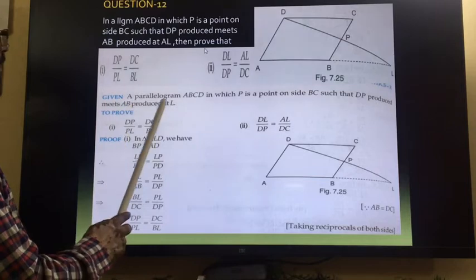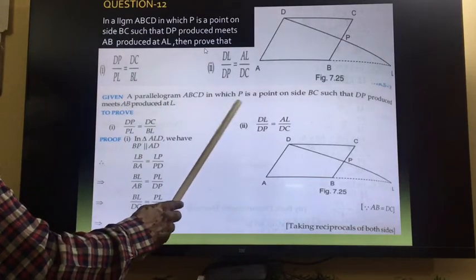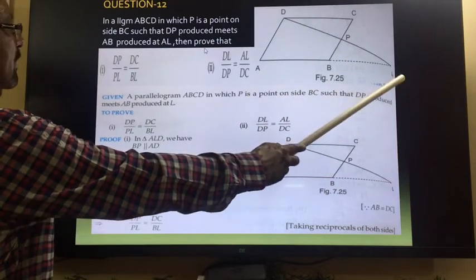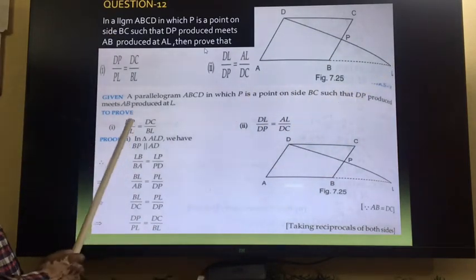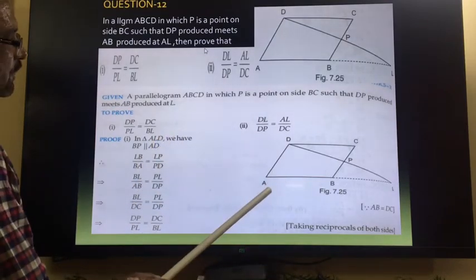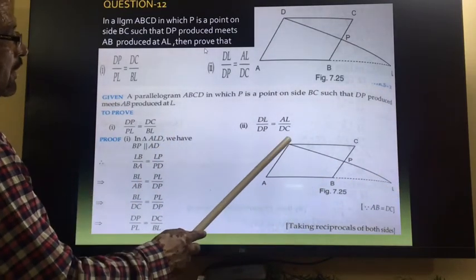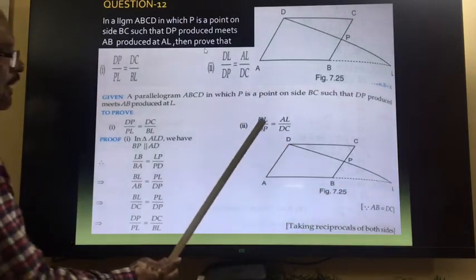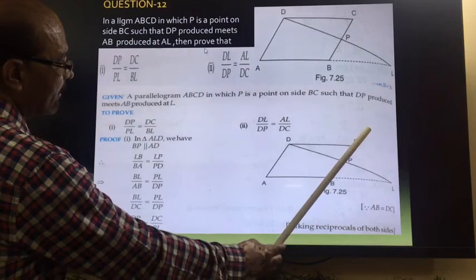So what is given? One parallelogram ABCD is given, in which P is any point on BC and side DP is produced up to L. So to prove this, first of all we will take triangle ALD. In this triangle, as we know, opposite sides of a parallelogram are parallel.